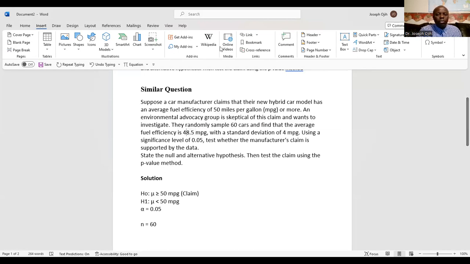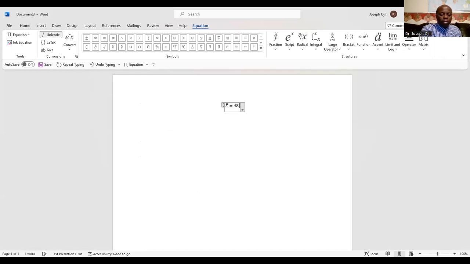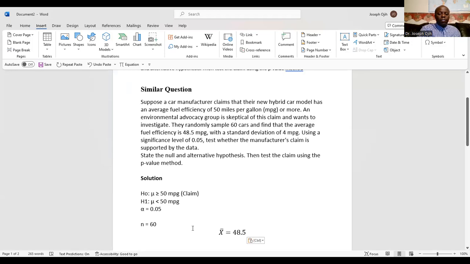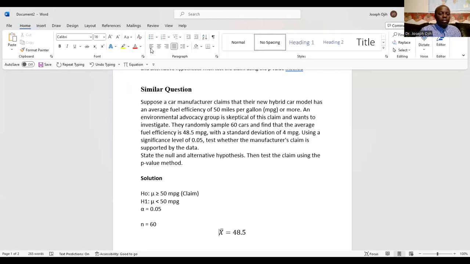Let me make it a little bit big so you can see it clearly. I'm going to copy it and then paste it in our main workbook. Now I've got a sample mean.